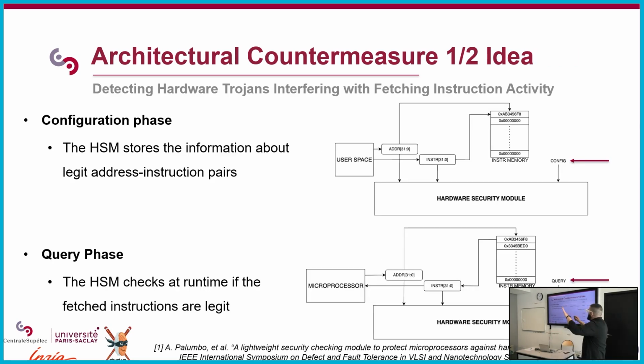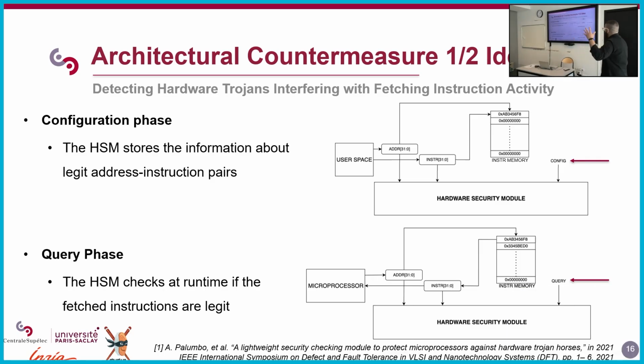The overall idea of the first countermeasure dealing with hardware Trojans is the following. We have a kind of coprocessor, very lightweight, which runs in parallel to the processor, and it works in two phases.